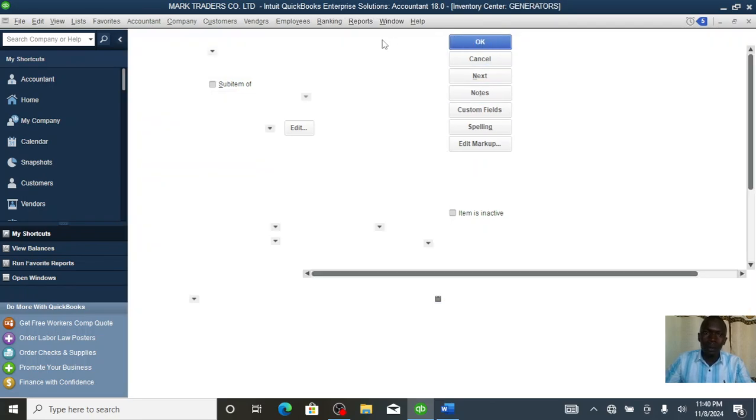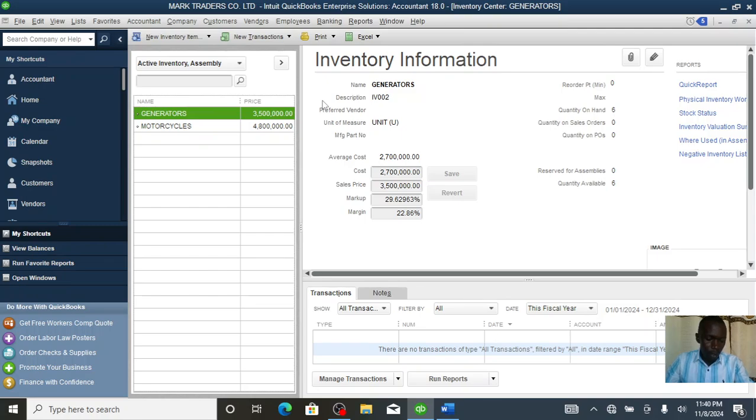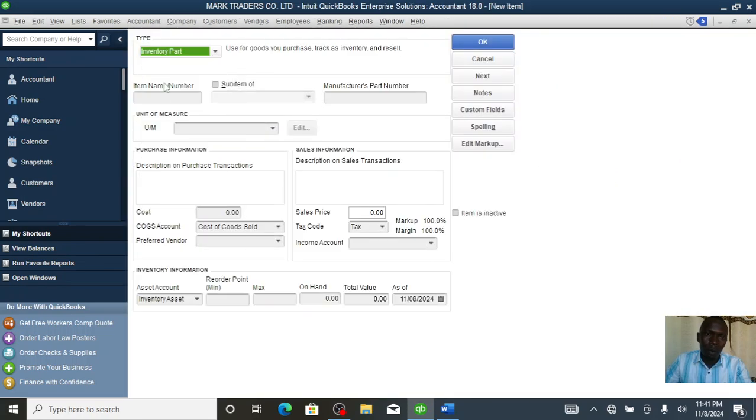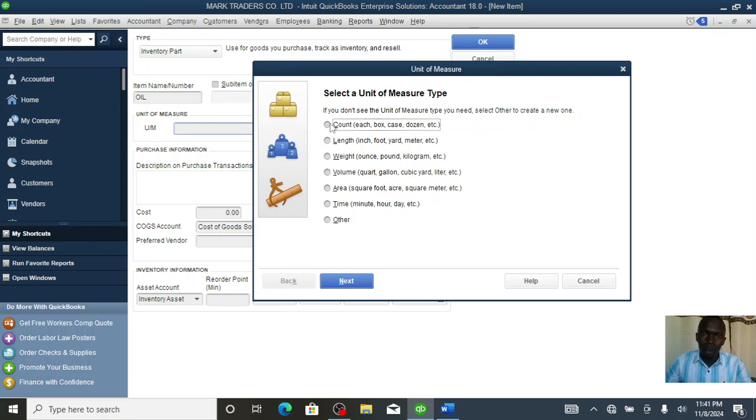Okay. We got our next item, which is oil. The unit of measure, we add new because we don't have it.